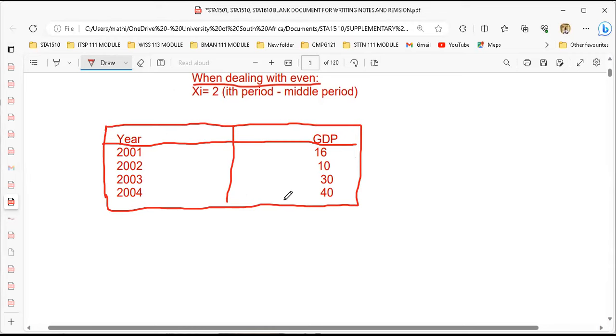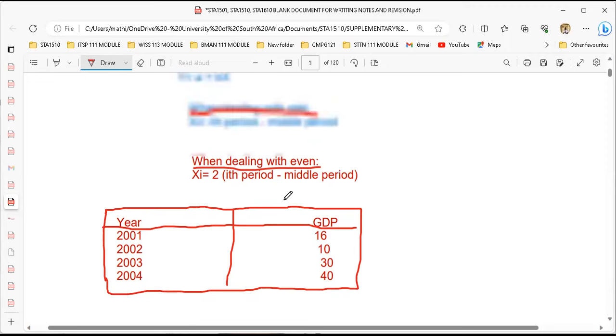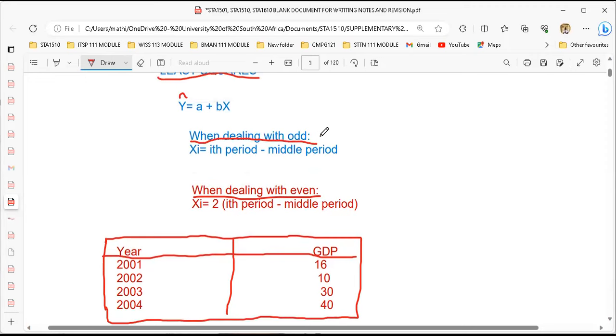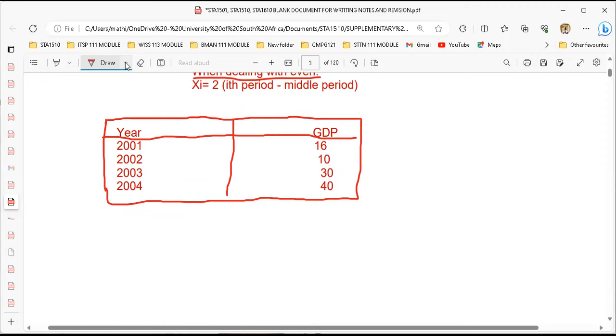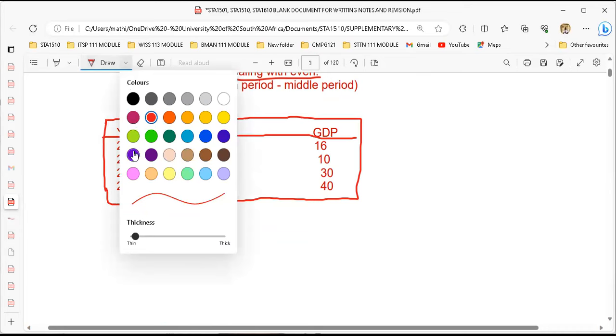Now I'm given a question. They say to me, find the least square regression line equation. Now I check: either I have to use this formula or I have to use this one. Let's check now.